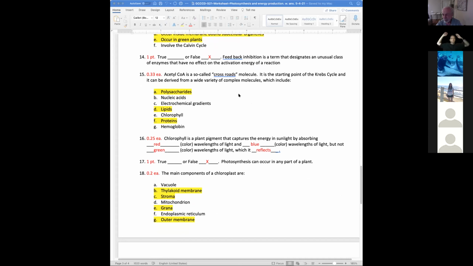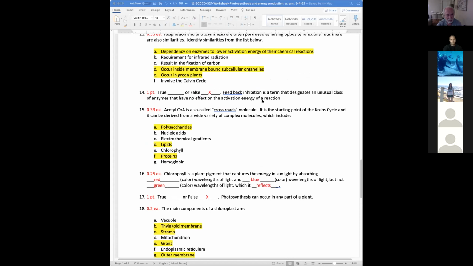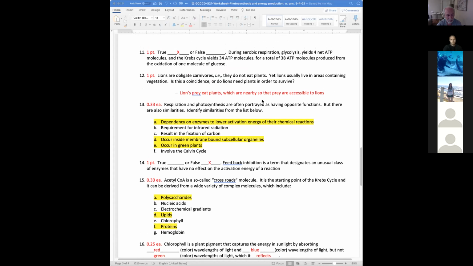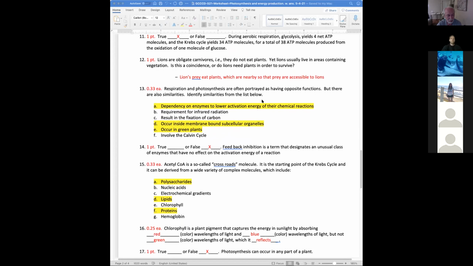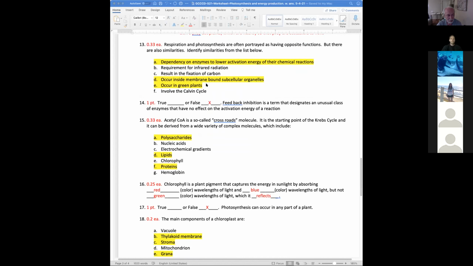Professor, on the green plants one, the question I had, because I know the difference is like breaking down of energy and the other one's kind of like storing of. So how do both processes work in the green plants? Like I get the photosynthesis, but not so much the respiration occurring in green plants. Okay. We'll talk about the respiration part of it later in the slides.